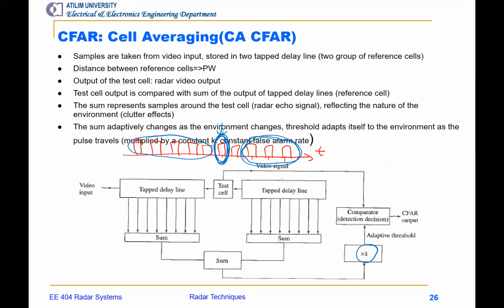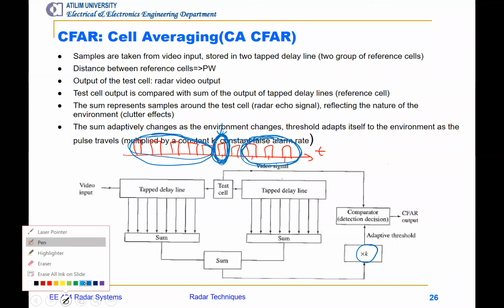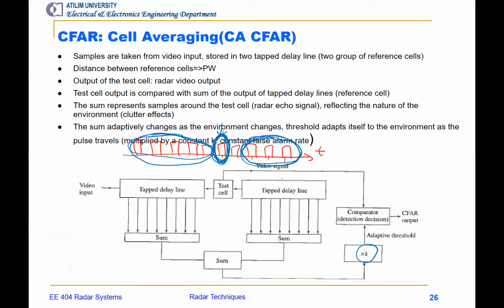So if the power of these pulses increases, then I can increase the threshold. The decision here will be highly dependent on the power of these pulses as well as the power of these pulses, which means that in space, now let's draw the space equivalent of this. Let's say this is the space, and here is my object, and here is clutter.